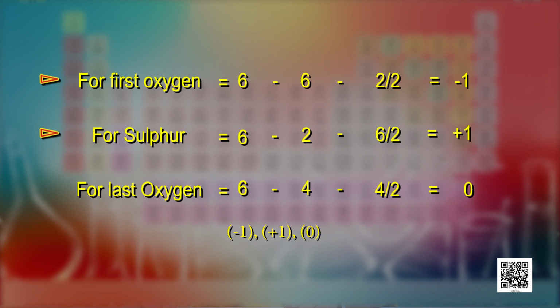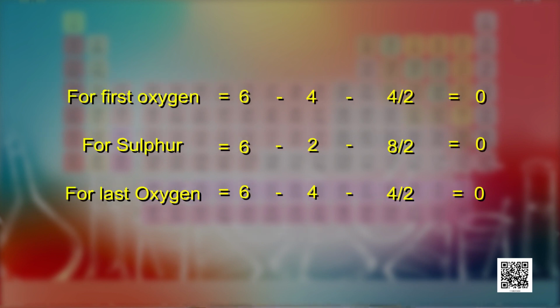So, it is 6 by 2. So, the total is plus 1. So, let us write plus 1 on the sulfur atom. Yes, and the other oxygen has 6 valence electrons, 4 non-bonding valence electrons, and how many bonding valence electrons? 4, which you can divide by 2. So, the total comes to 0. Okay, so this was the first structure.